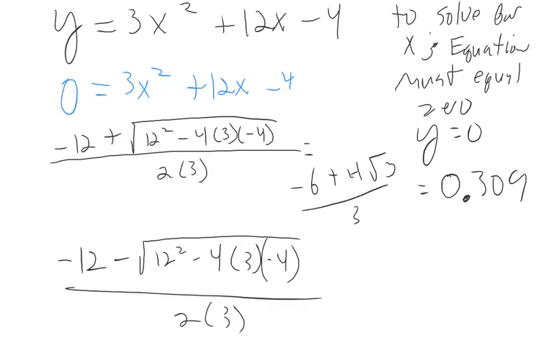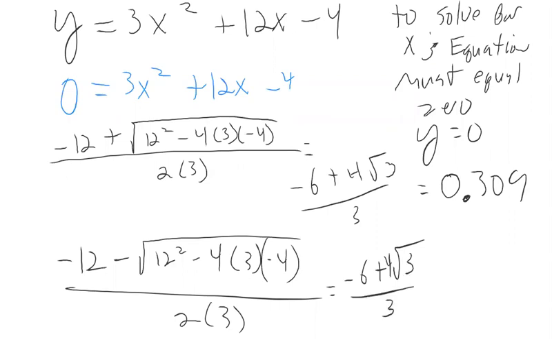So if I change this to a subtract now, I get x equals negative 6 plus radical. How did I get the same answer? I should know I got the same answer. 4 radical 3 all over 3.